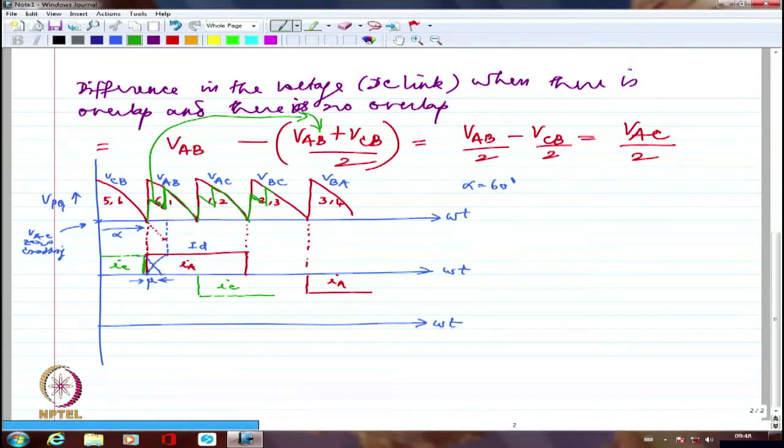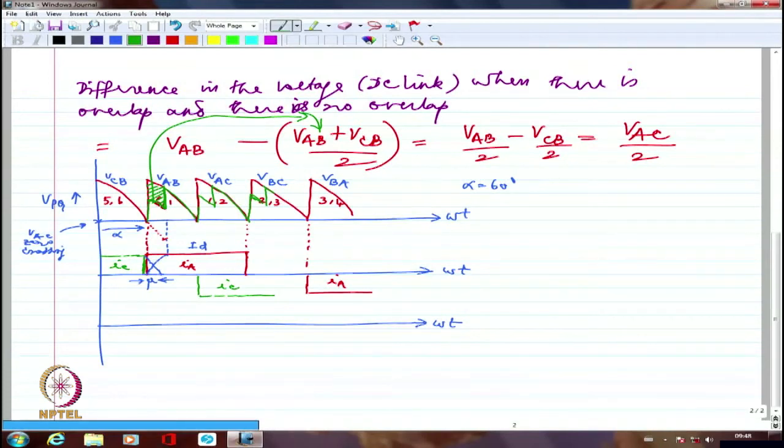Whatever is the area difference between the original value of VAB, which I should have gotten without overlap, and what I am getting now because of overlap, VAB plus VCB by 2. That difference amounts to, we calculated that as VAC by 2.